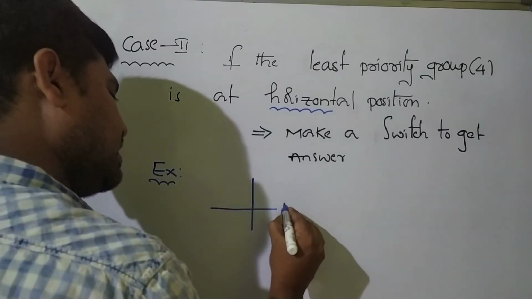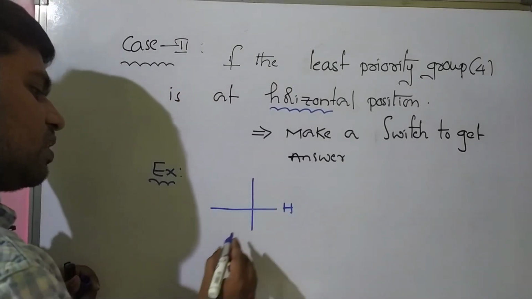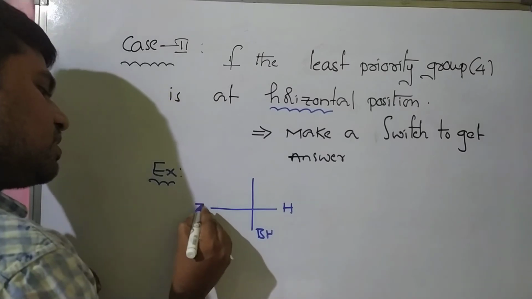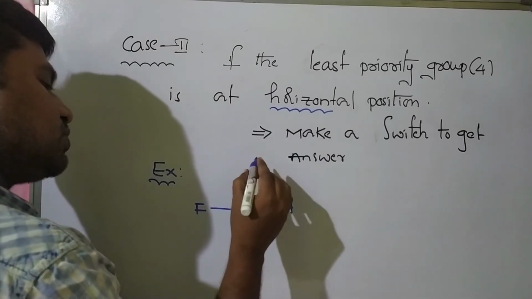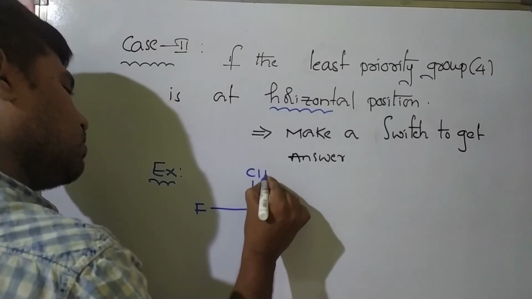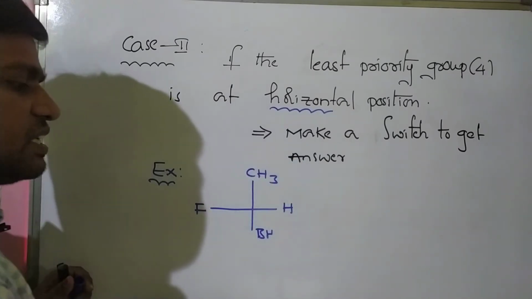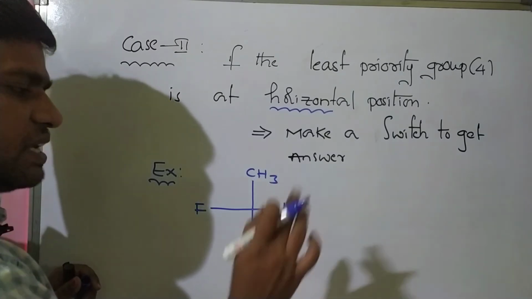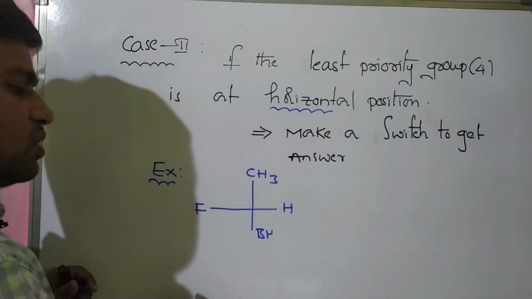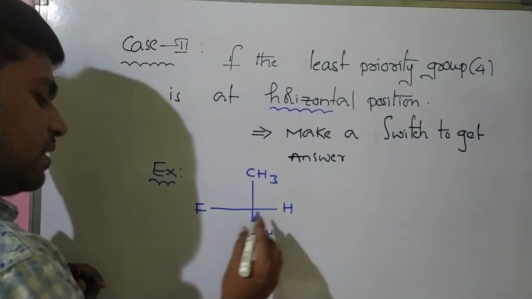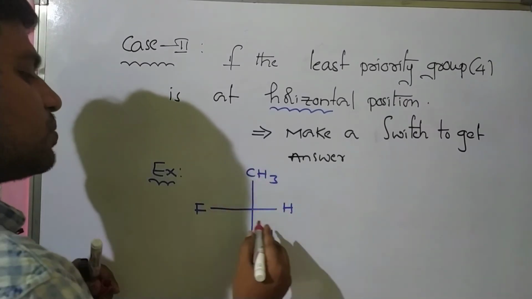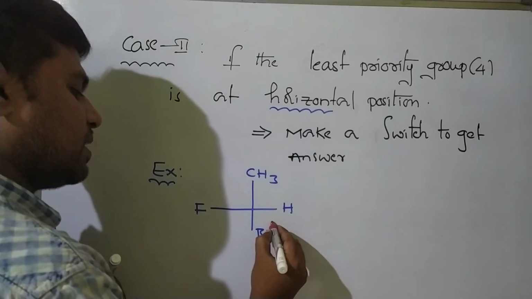Okay, students, here a hydrogen atom, here a bromine atom, here a fluorine atom, and here a methyl group. See students, hydrogen must be the least priority, no doubt. First of all, bromine will get first priority, means it has the highest atomic number.